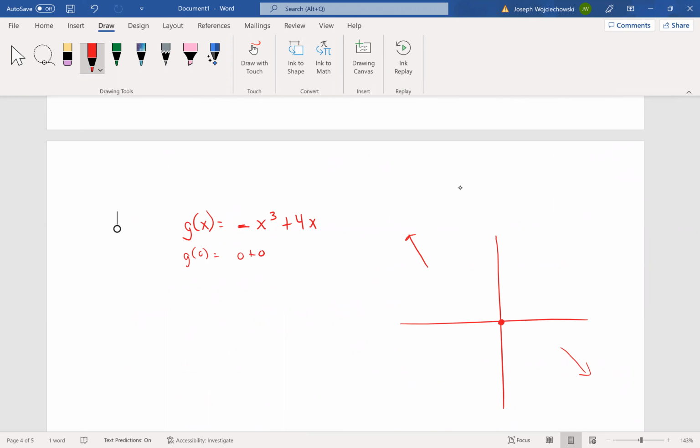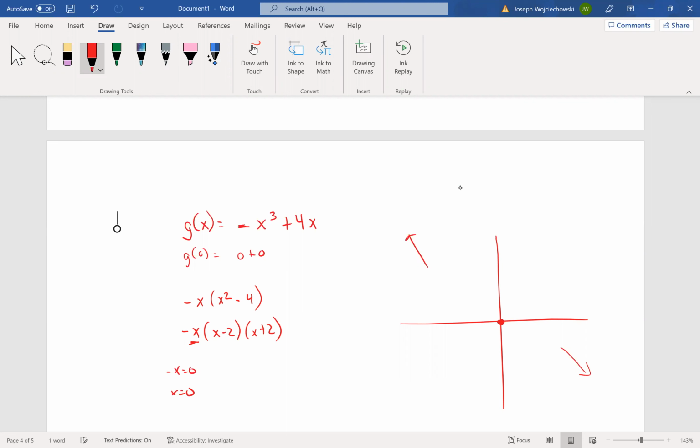Determine the real zeros of f and their multiplicities. So what? We have negative x times x squared minus 4. We have negative x times x minus 2, x plus 2. So here's this negative x equals 0, x equals 0.